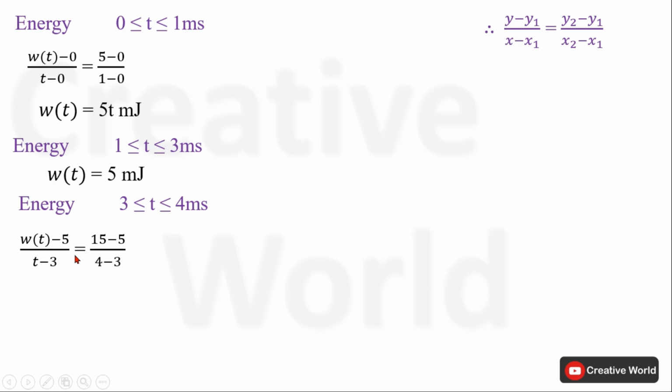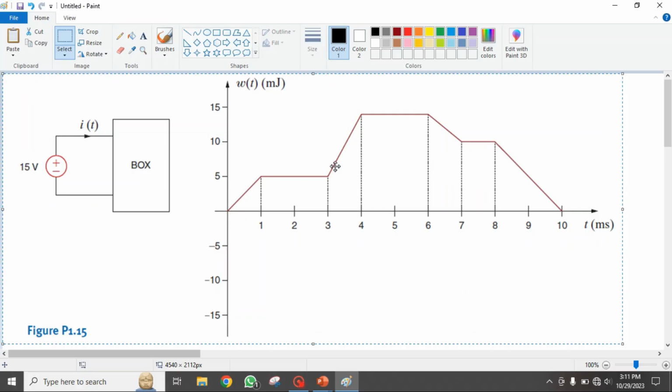Again, using the straight line equation formula. Why are we using the straight line equation formula? Because between the time interval of 3 and 4, the energy is increasing in the form of a straight line. So here our x1 and y1 values will be 3 and 5 respectively, and x2 and y2 values will be 4 and 15.